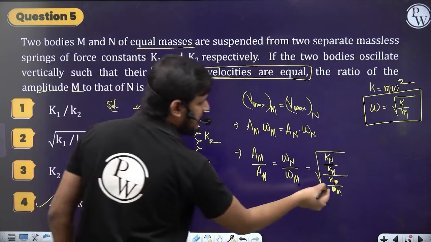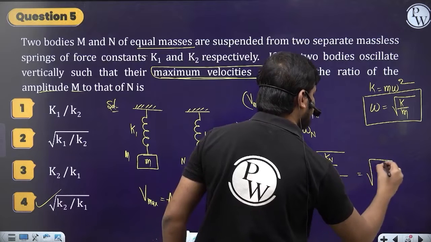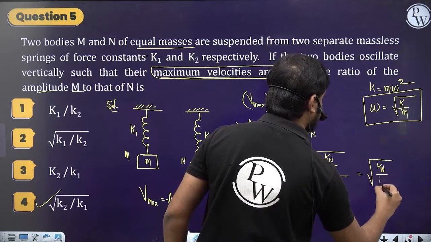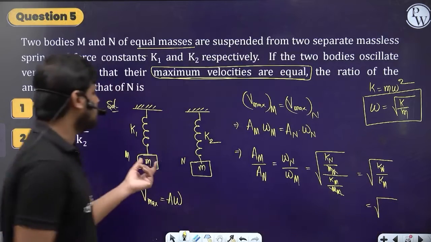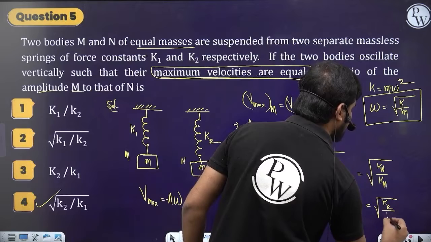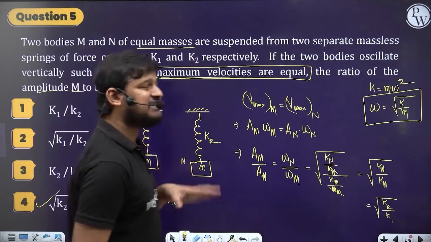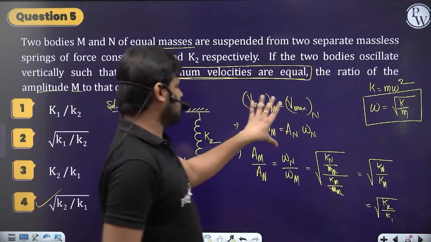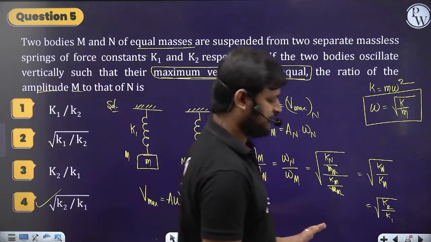So the Mm and Mn are cancelled. So then Kn by Km. What is Kn? K2. What is Km? K1. Understood? So the pictorial representation and the basic terms knowledge is very important, guys, while solving the questions.